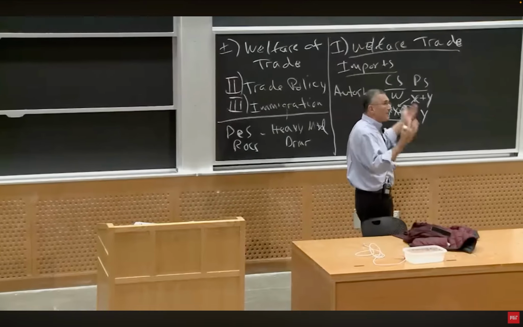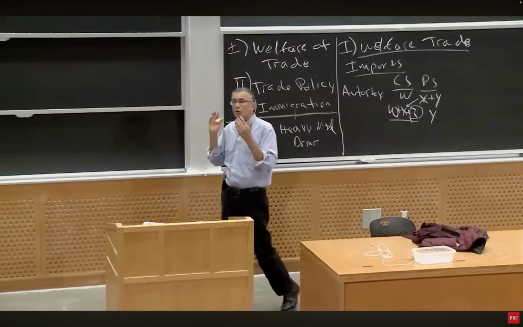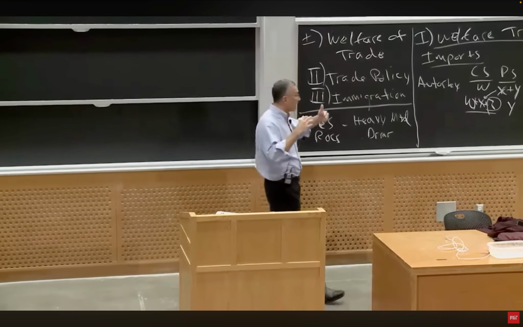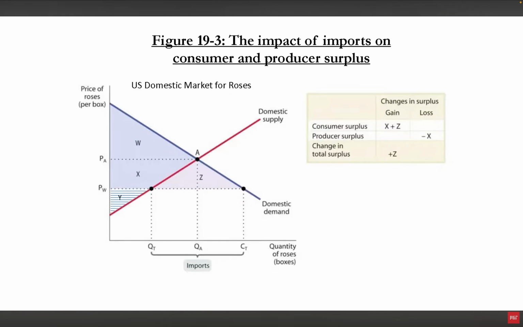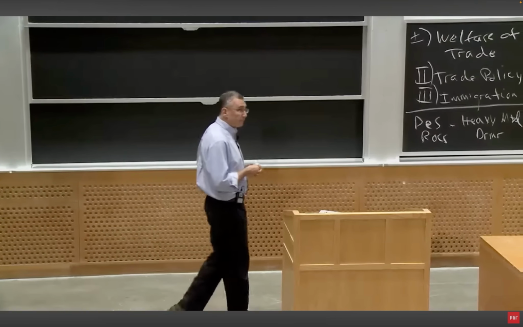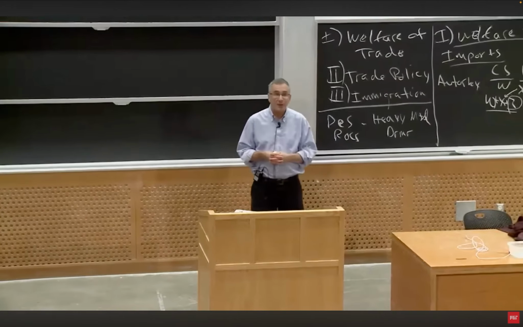Remember, whenever you saw transfers before, they came along with deadweight losses. Here's a transfer that comes along with a gain. We've now transferred X to consumers, but also given them Z. So consumers win by a lot, and producers lose. Okay? And that's the welfare analysis of international trade, of imports.